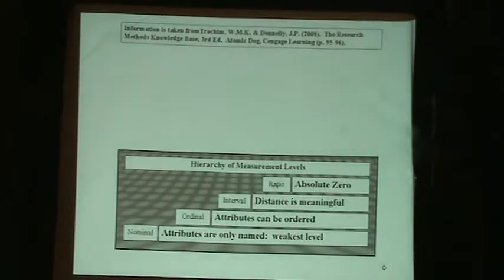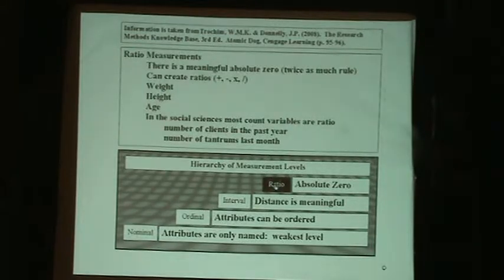And then the last form of data, the highest form, is ratio data. And here there is a meaningful absolute zero. And the thing is the twice as much rule. Because sometimes it could be confusing a little bit between interval and ratio data.